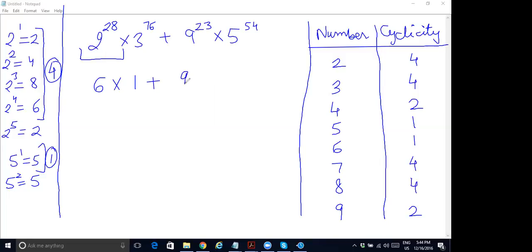So 9 to the 1 gives 9, and 6 plus 5 from 45 gives you 1 as the units digit, because we are interested only in knowing the units place digit. This is clear? Okay. Very good.